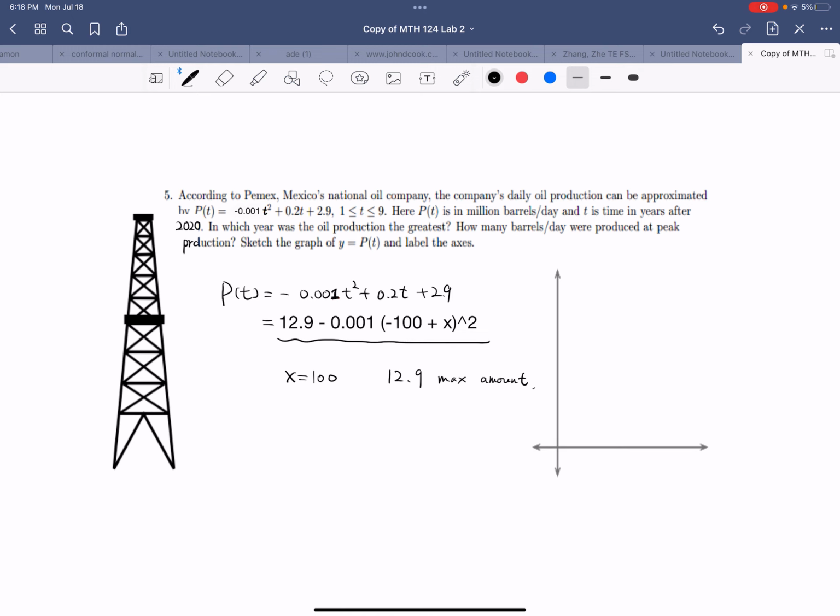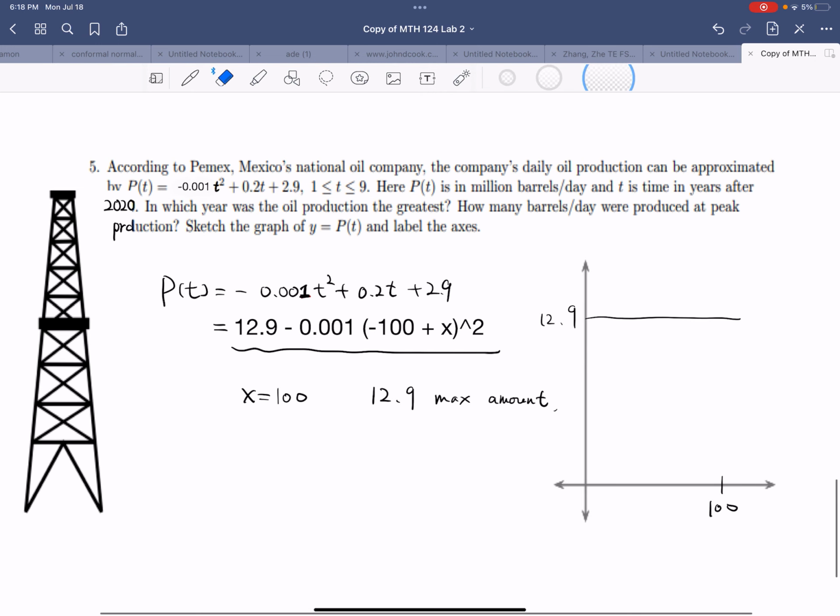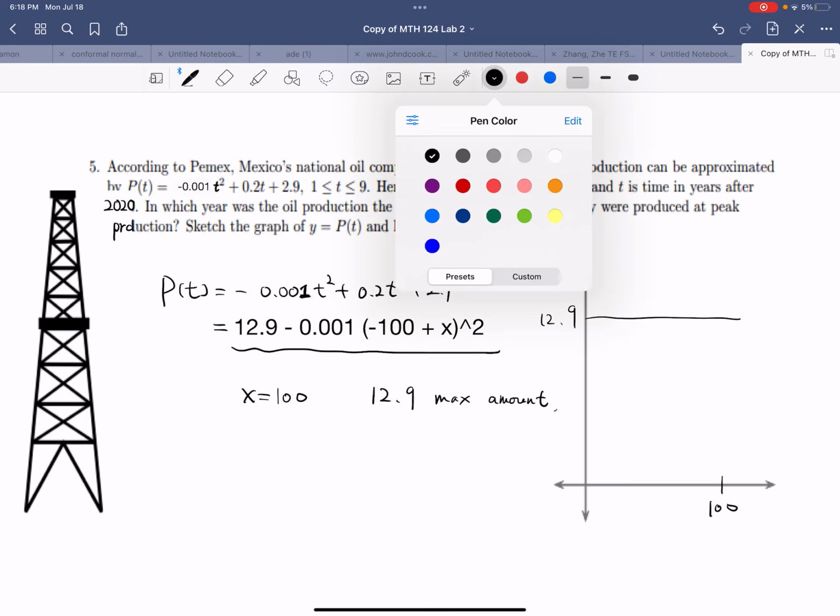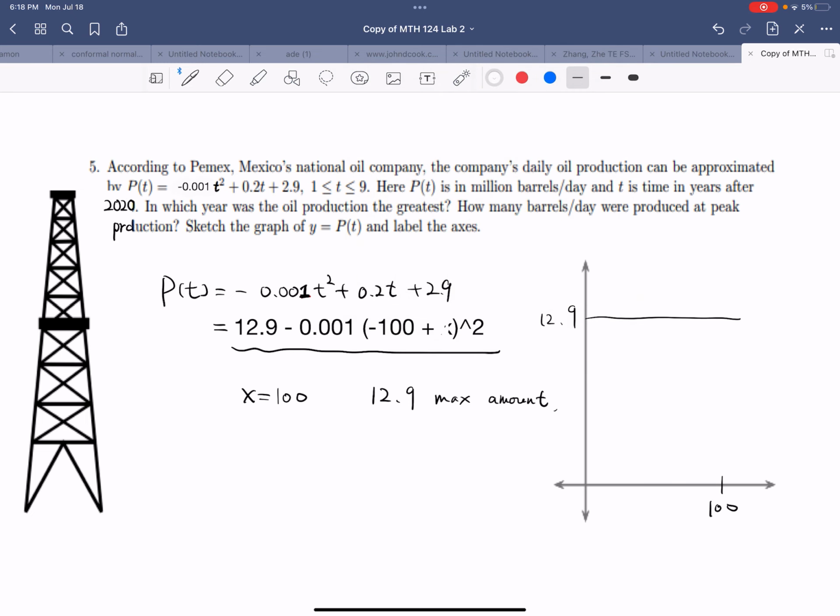And you can sketch the graph similarly. At x equals 100, you get the maximum amount. I should use t here, not x.